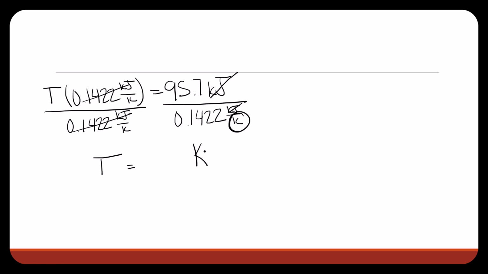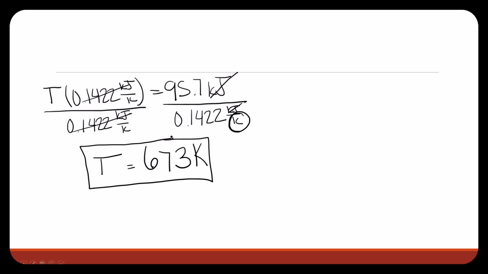Let me grab a calculator. Plugging this into my calculator, I've got 95.7 divided by 0.1422 equals, and it comes out to be 673.